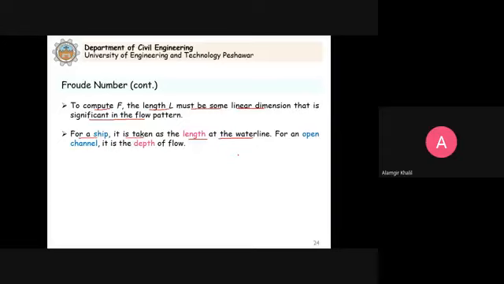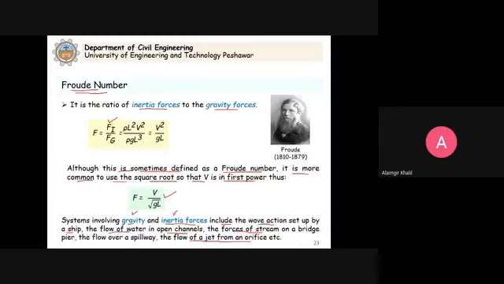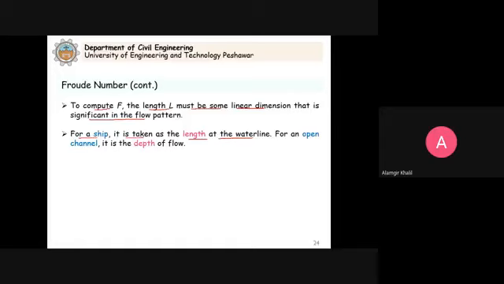Those who study naval architecture will consider L as the length at the water line. For an open channel, which we studied so far, it is the depth of flow. So it depends on the nature of the problem.